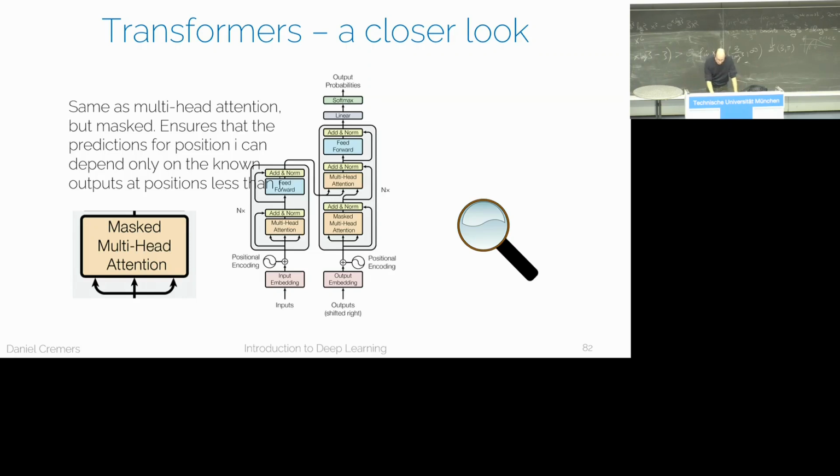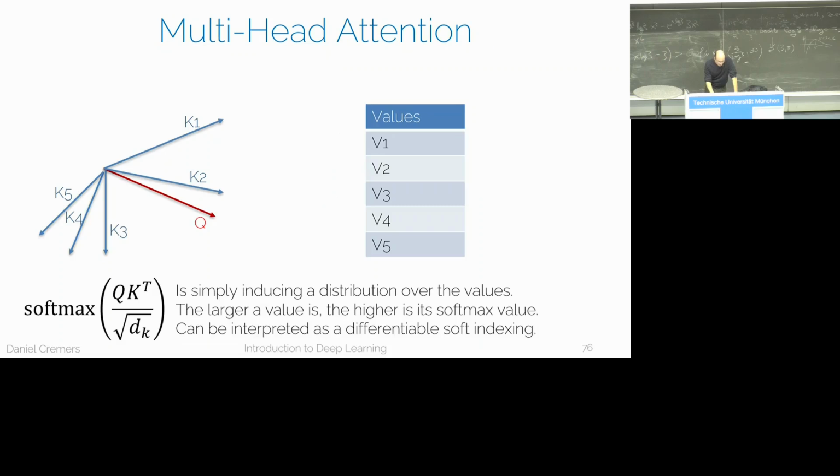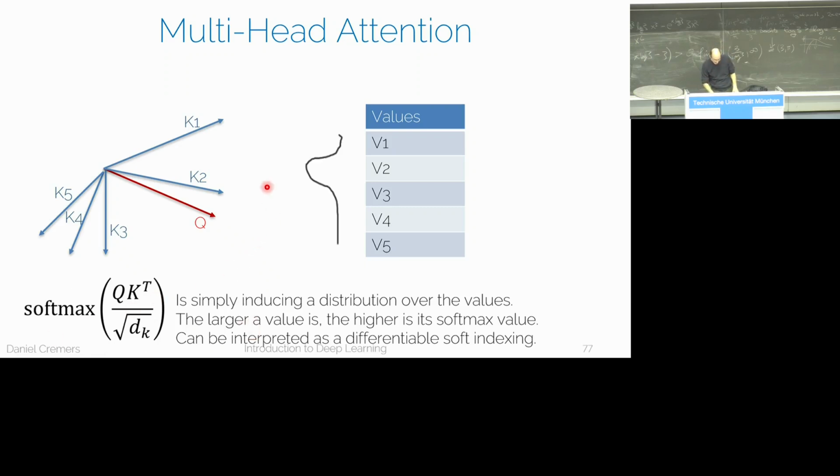The way you do that, by the way, in this query key value formula is that before applying the softmax, whatever you want to mask out, you put it to minus infinity. Why do you do that? In principle, you could first do the softmax and then later just put everything to 0. But once you do that, it's no longer normalized. The whole point of the softmax is to create a distribution that is normalized.